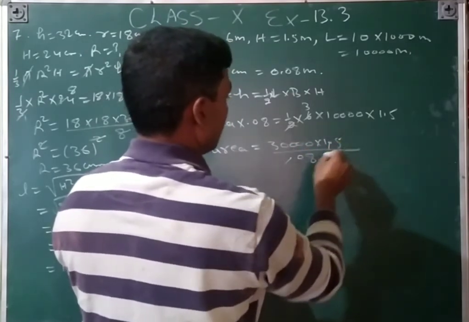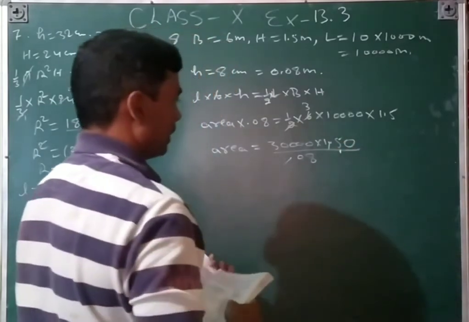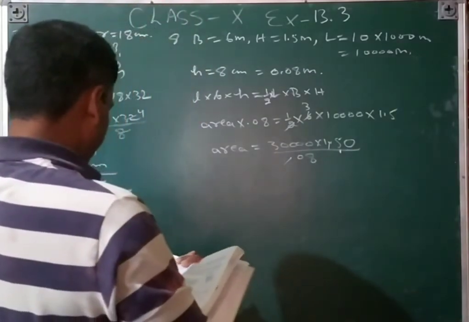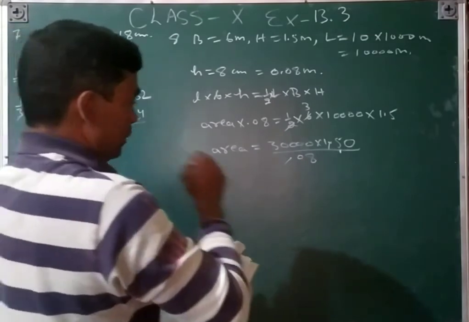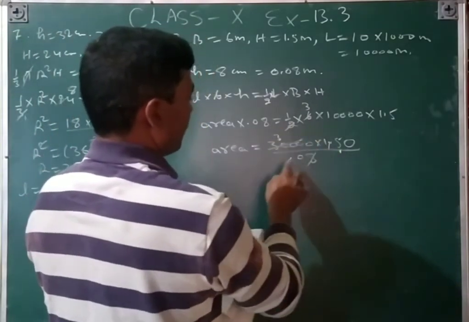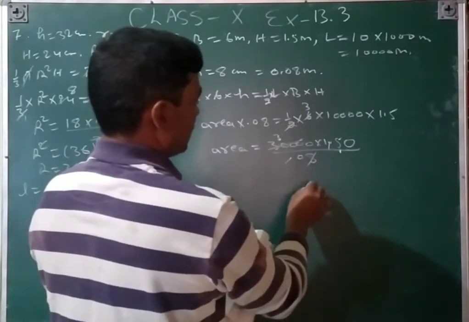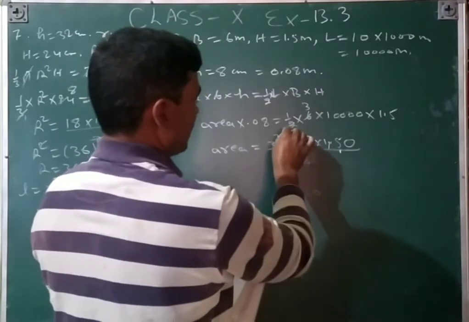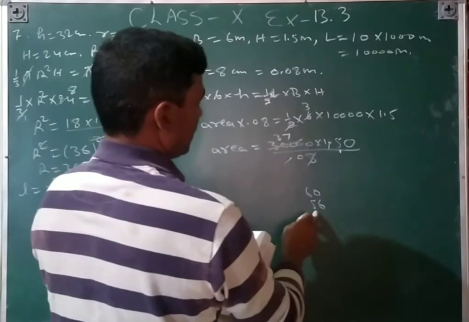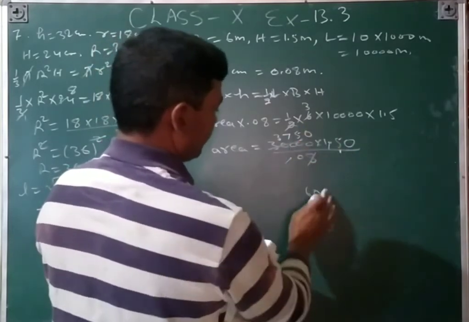Decimal cancel by decimal, then 1 zero will increase, and then by 8 cancellation, 8 3s are 24, 8 3s are 24, and then 6 is left, 60, 8 7s are 56, 4 is left, 0, 8 5s are 40, that 0.